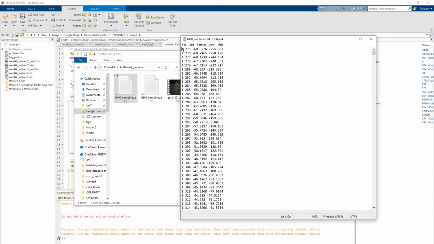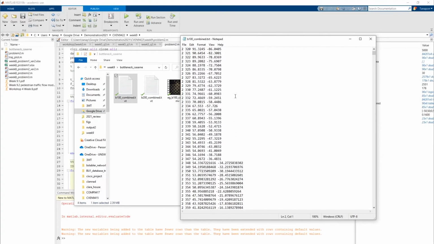For example, this person one, the first person, at frame 275 is at this location, and at frame 276 he is at this location.